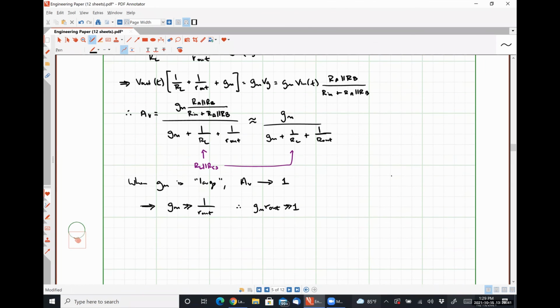Our other constraint then: this tells us that our voltage gain will be practically GM over GM plus 1 over RL.